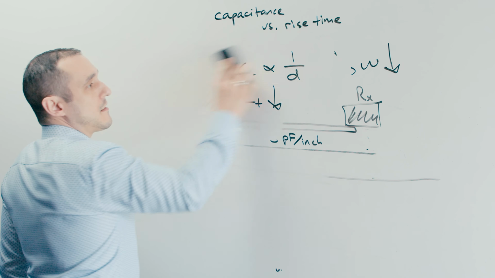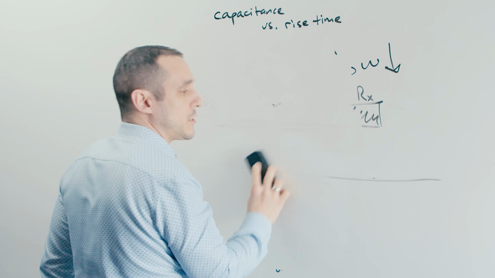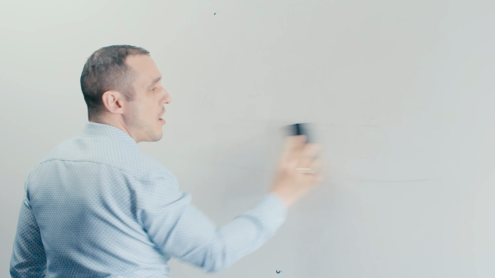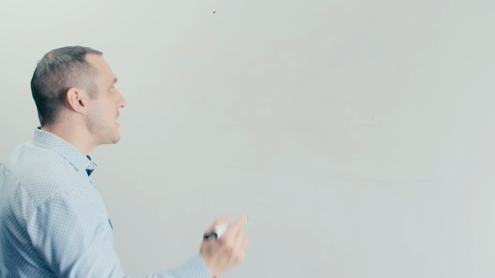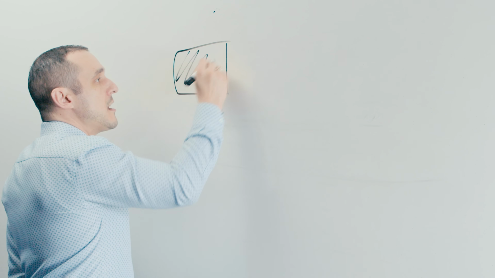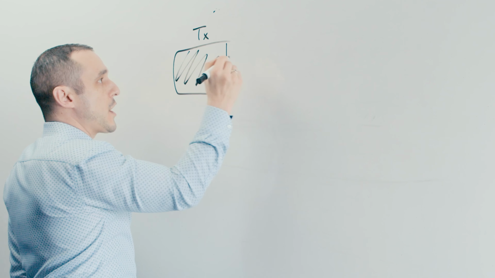Now, the rest of this question from Albert relates to the interaction between two traces, or the interaction between a trace and some other source of electromagnetic energy that may not be located on the PCB. So let's again look at this with a TX and RX component, but we'll look at it from the overhead view.